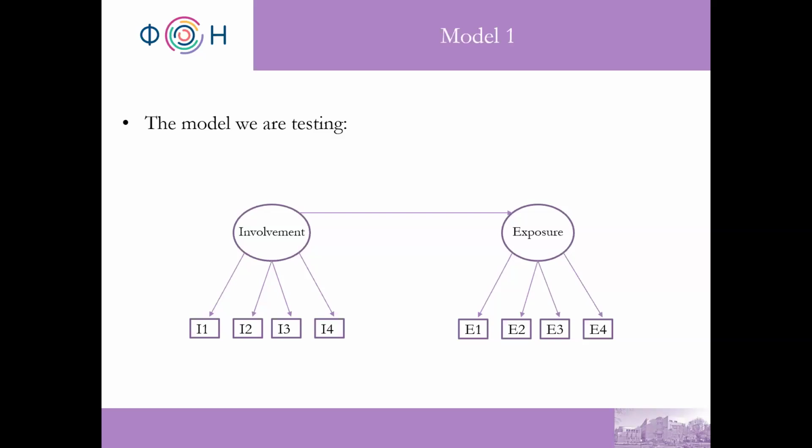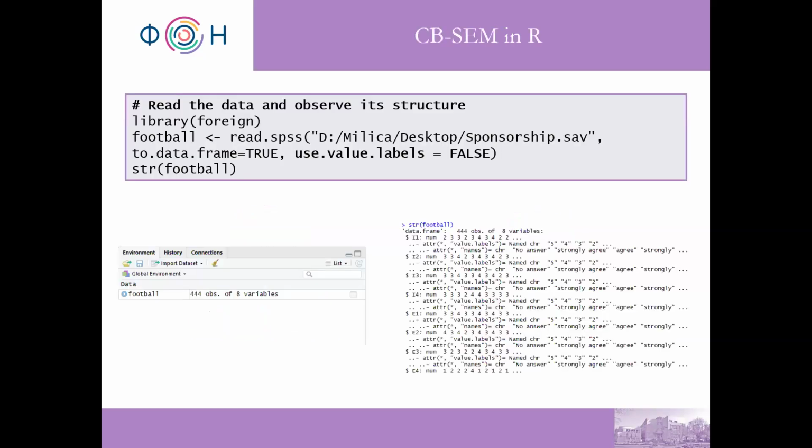Okay, so the data set I've provided you is an SPSS data file. In order to read an SPSS data file, we need to call the package foreign, within which we can find the function for opening SPSS files.